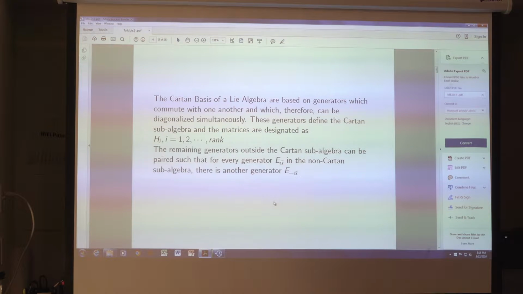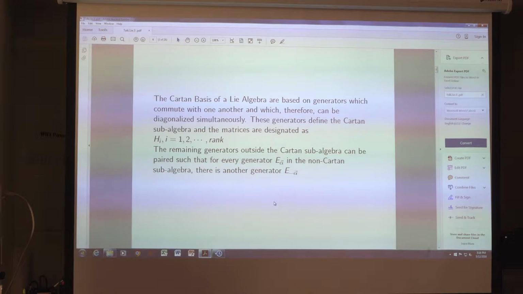They just remove the arrow and assume people know that by alpha it means a vector. Another way of saying it is that we'll see later that these alphas are related to the eigenvalues associated with these Cartan matrices.